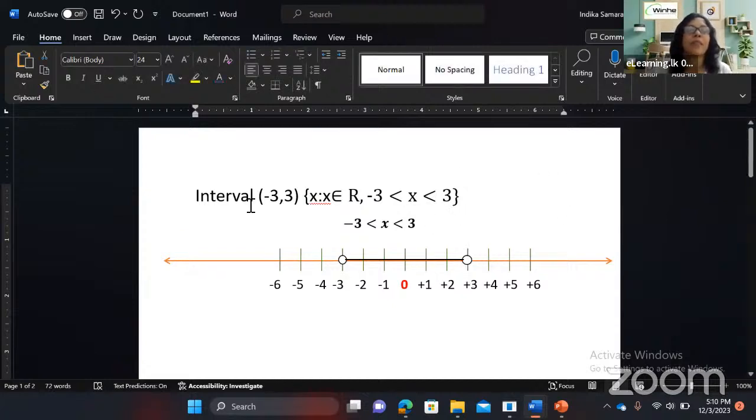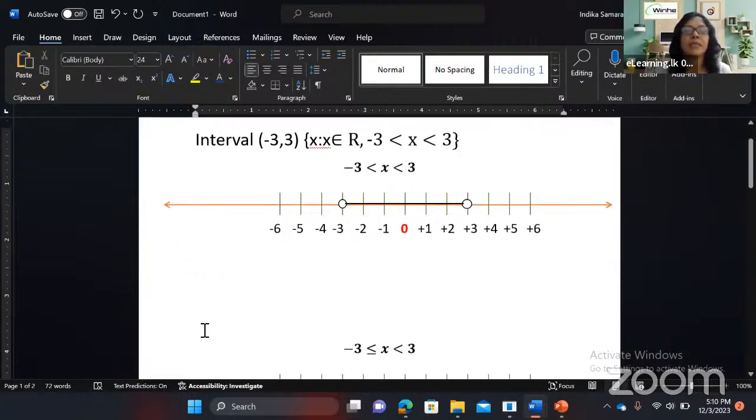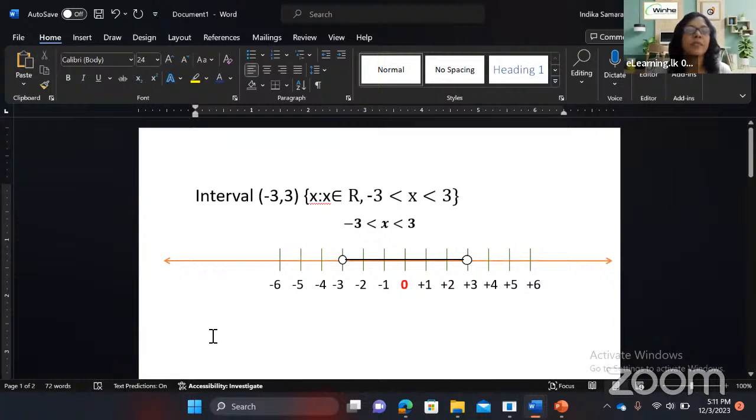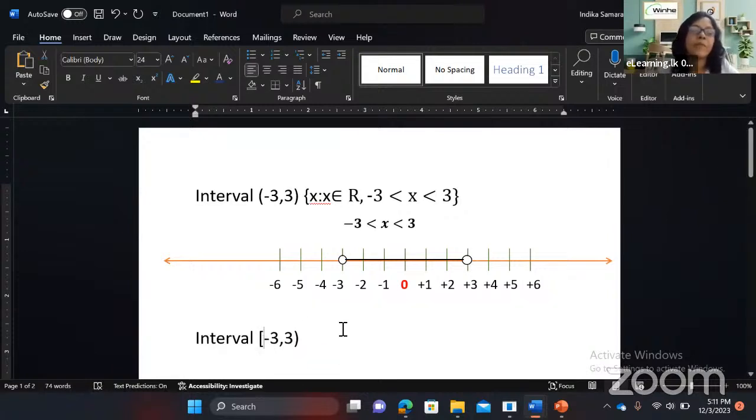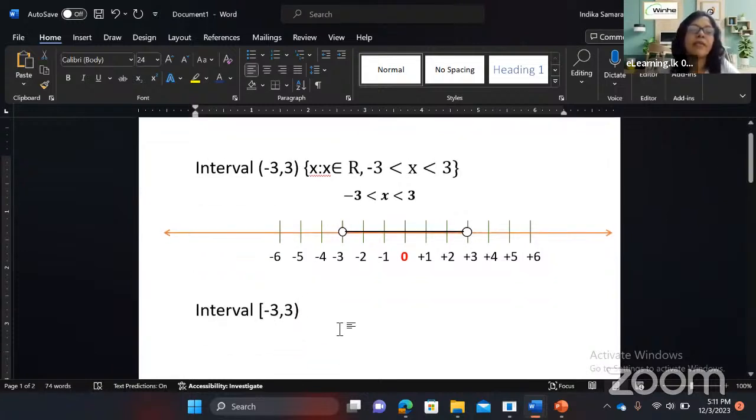If the interval is given like this, how do we write it in set notation?